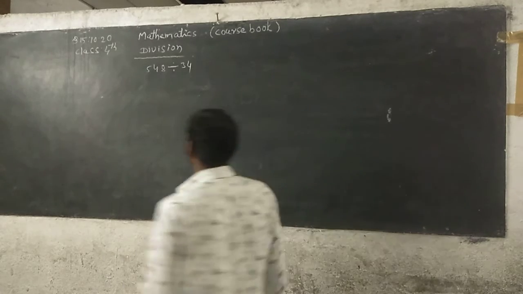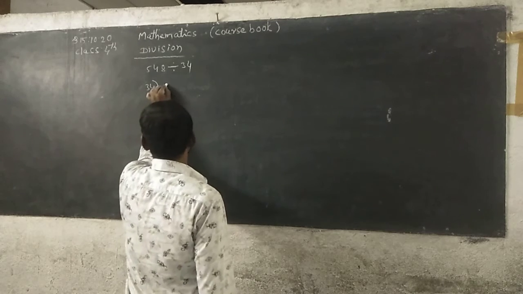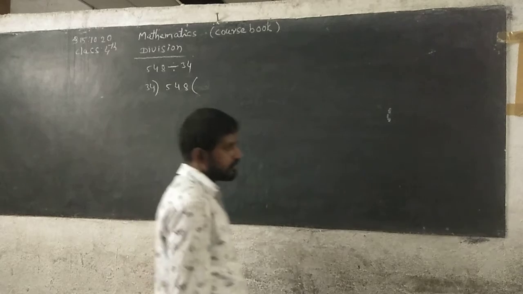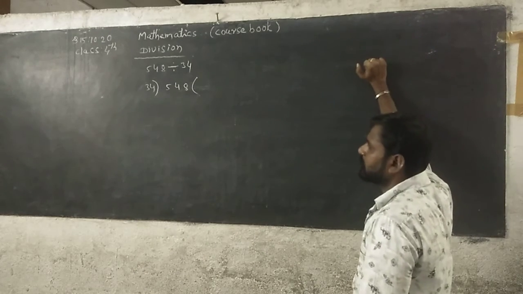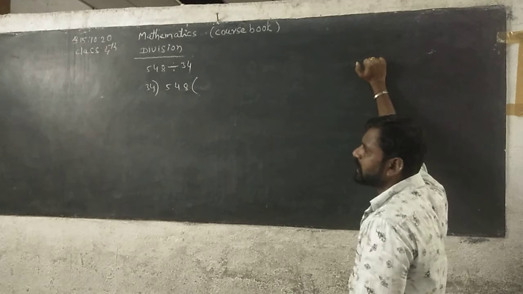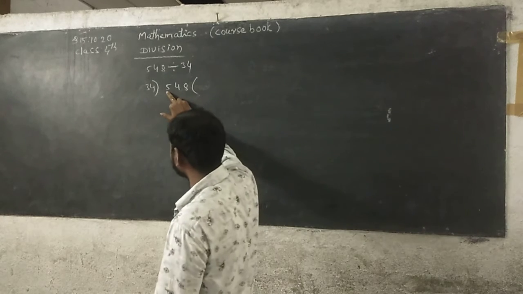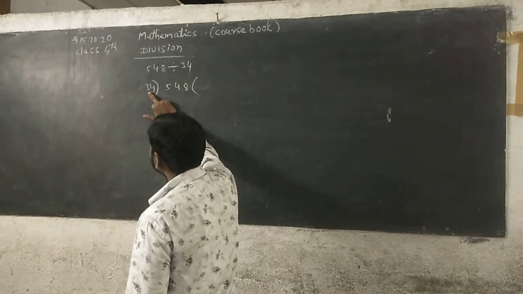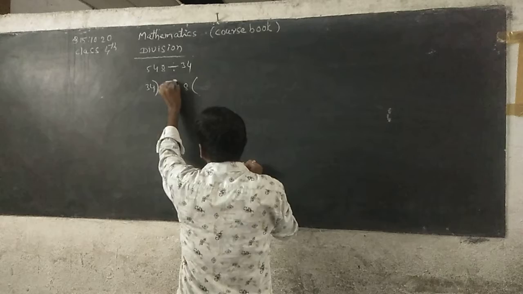See here, 34 is taken as the divisor and 548 is taken as the dividend. While doing the division problem, I have to take digits from the left side. Now I am taking the first digit on the left, 5. 5 is less than 34. So I have to take 2 digits from left to right, that is 54.